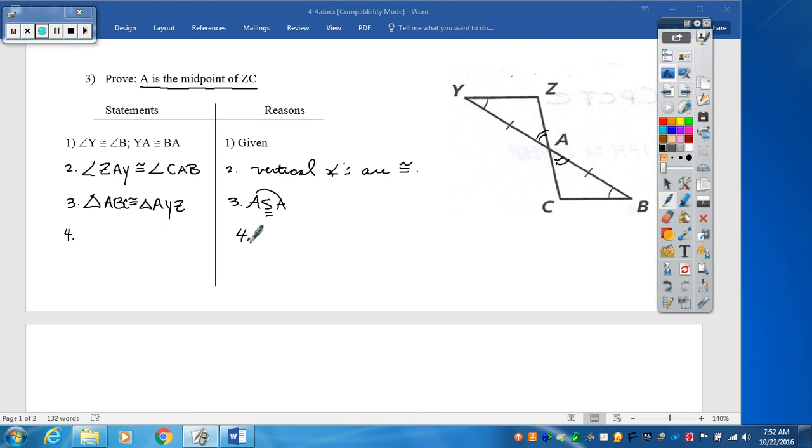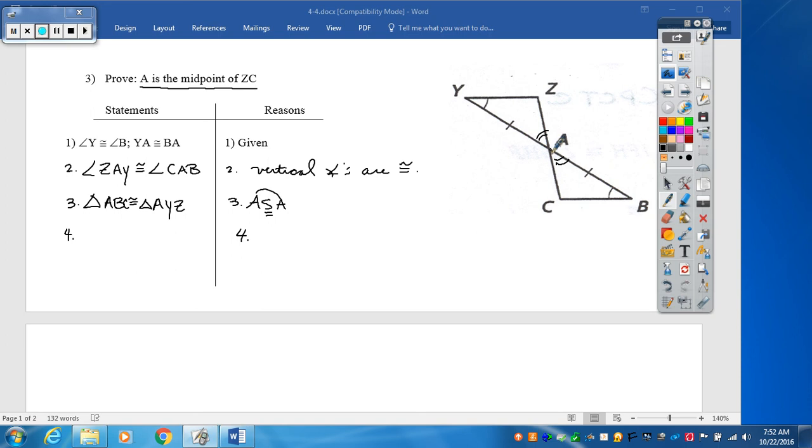Now from that point, it's just a matter of asking ourselves what would have to be true in order for A to be the midpoint of ZC. Well, in order for A to be the midpoint of ZC, what would we have to know about these segments? Wouldn't they have to be the same length?